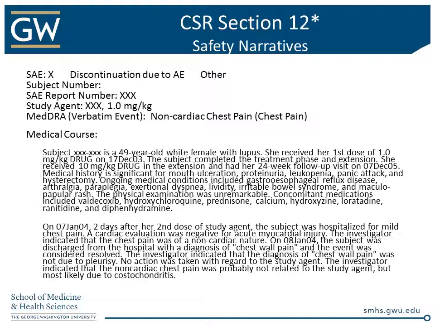Now, relating back to the discussion on Section 12.3.2, narratives of deaths, other serious adverse events, and certain other significant adverse events, here's an example of a subject narrative, sometimes also called safety narrative, for a serious or significant adverse event that required hospitalization. The required elements listed below are from ICH E3, and you should check this to make sure that this narrative was complete.